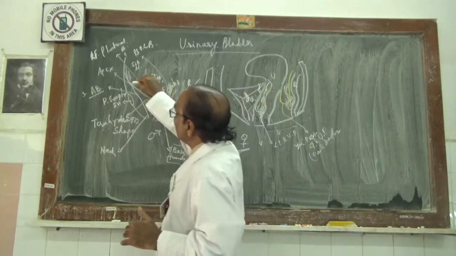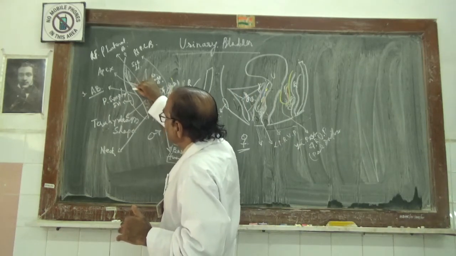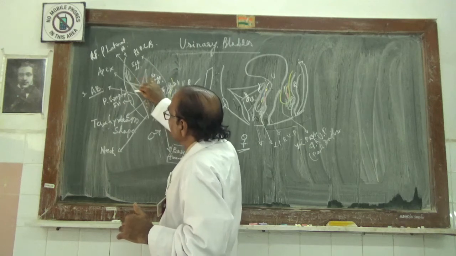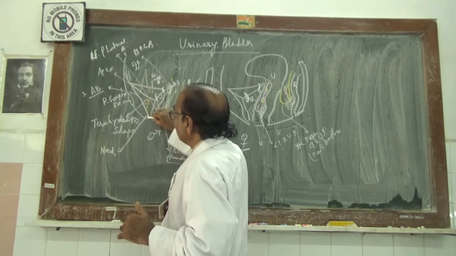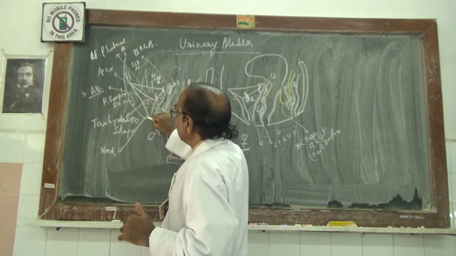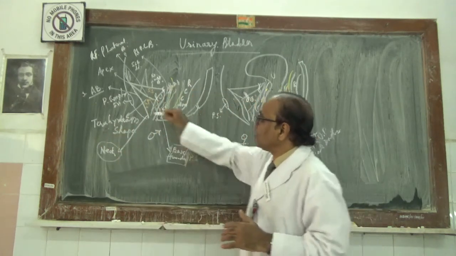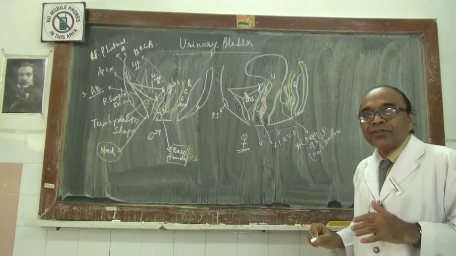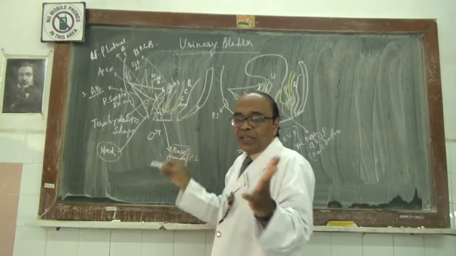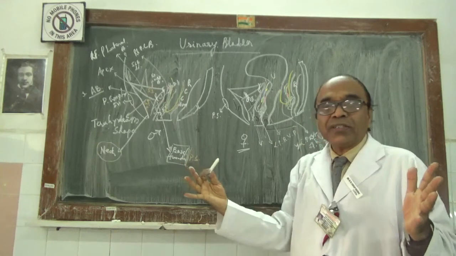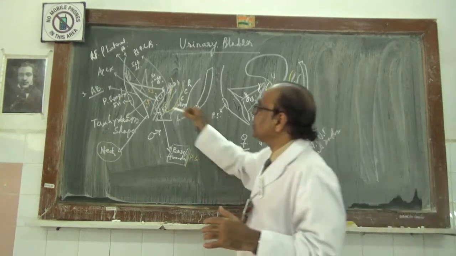Now this border extends from the apex and runs downwards and backwards, and it ends at the neck. This border separates the left infralateral surface from the right infralateral surface.